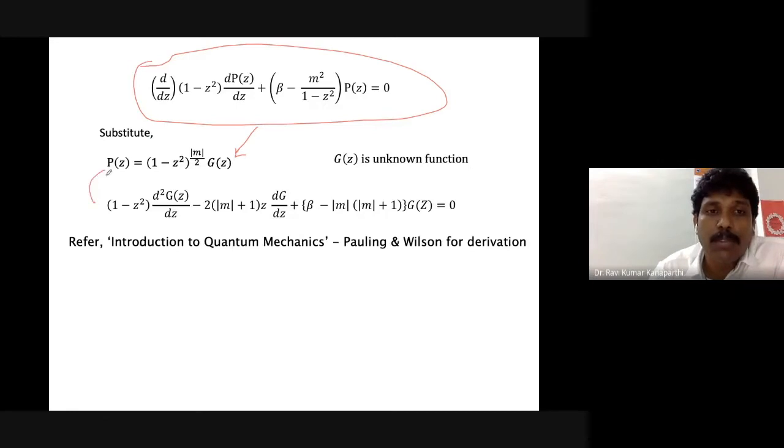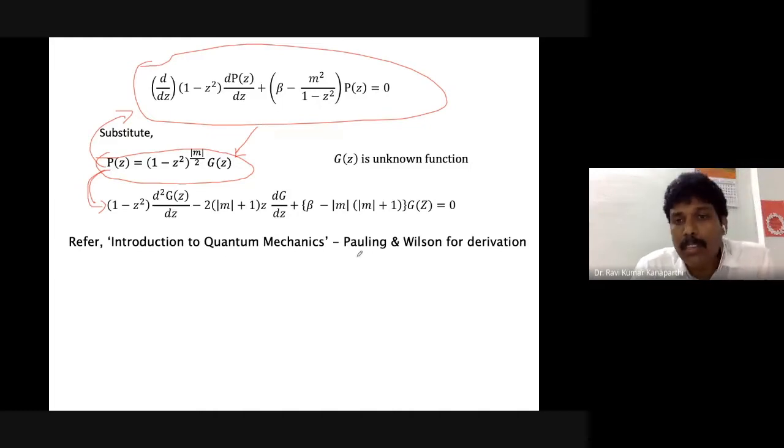Where does this come from? It will take another 2-3 hours to explain. There is a textbook, Introduction to Quantum Mechanics, written by Linus Pauling and Wilson. You can go through this derivation if you are really interested.